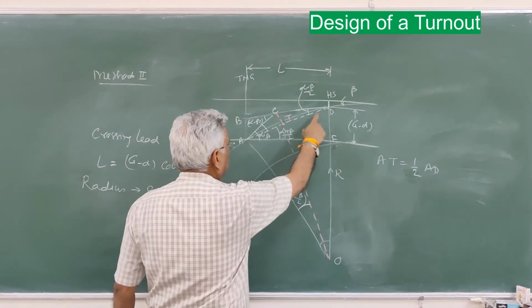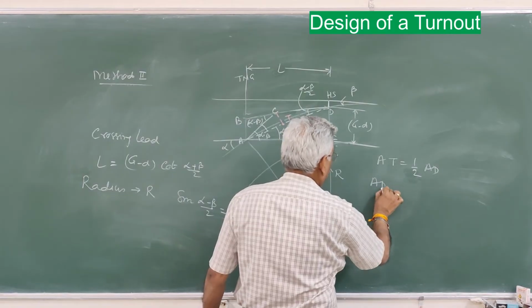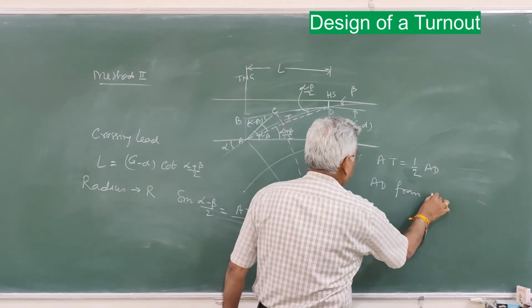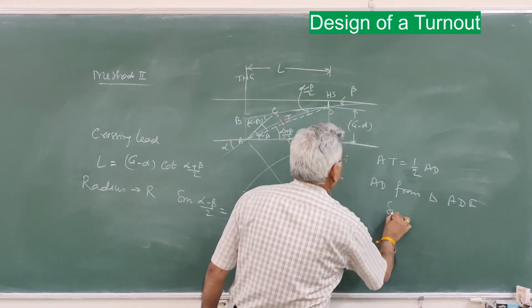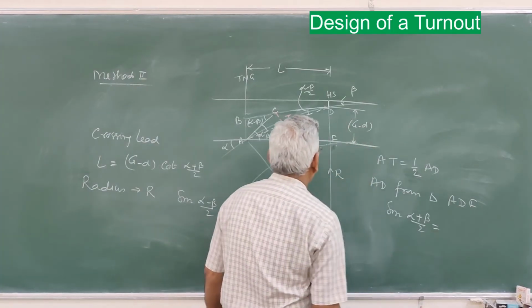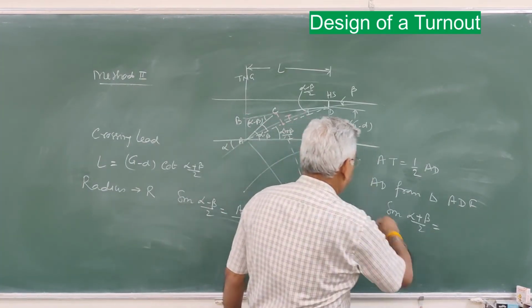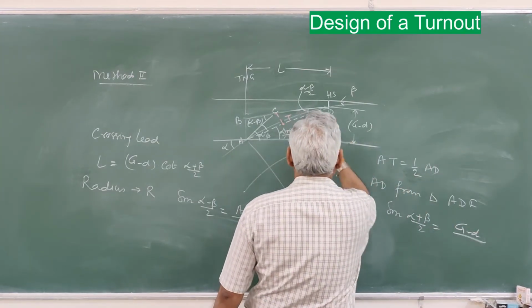AD you can find out from triangle ADF, and that is sine alpha plus beta by 2 is equal to this G minus D upon AD.